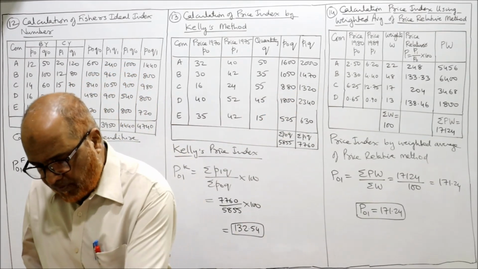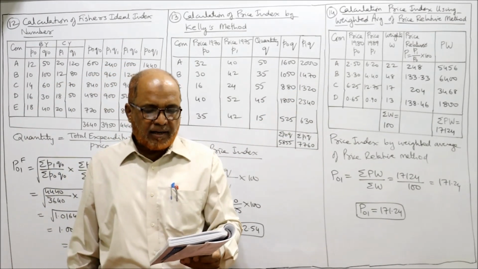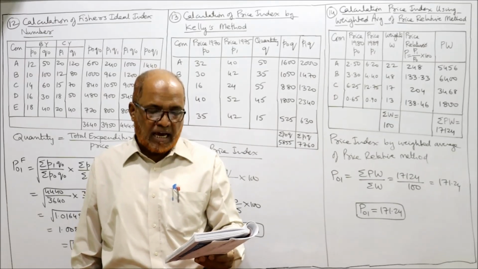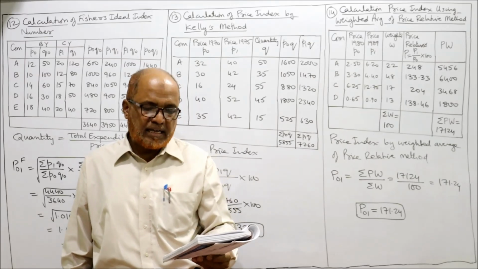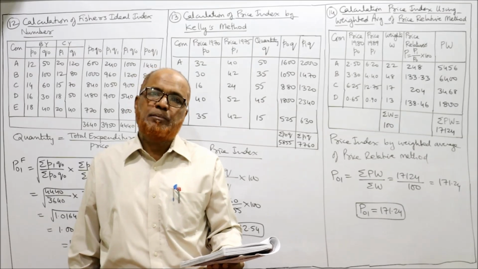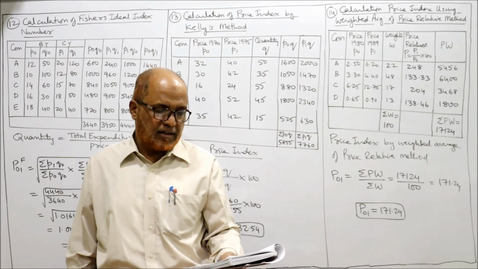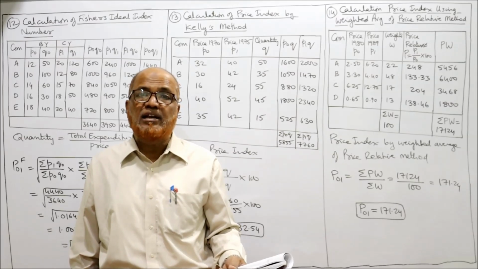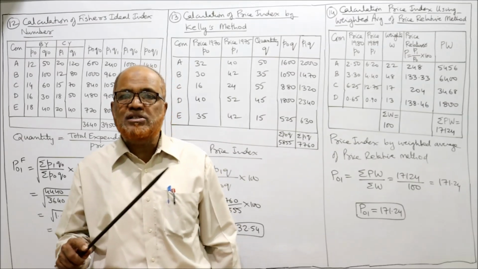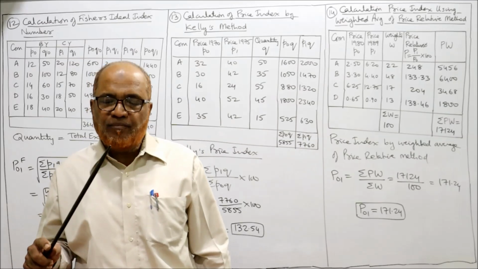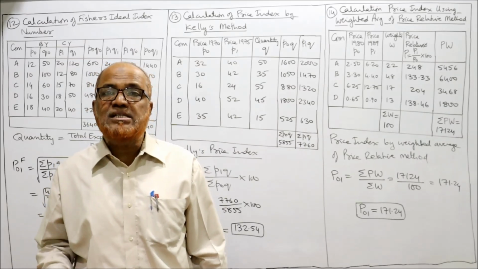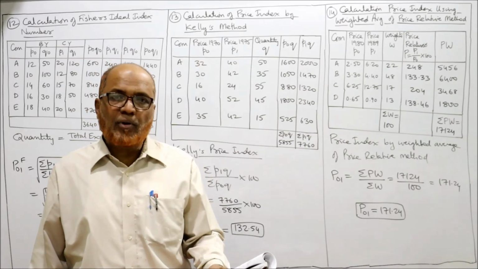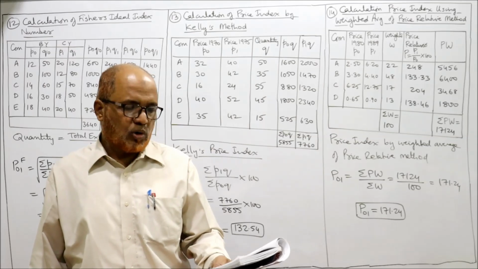Right? So what is information given in the problem? Calculate the index number for the year 1989 with 1980 as the base year. 1980 base year, 1989 current year. From the following data using weighted average of price relative method. Specifically in the problem itself it is mentioned the weighted average of price relative method. Now commodities are A, B, C, D, 4 commodities.